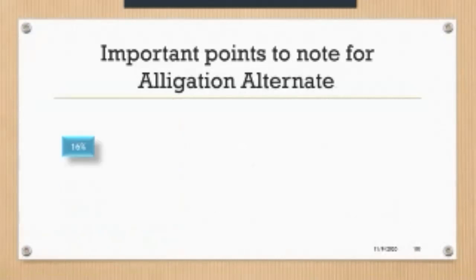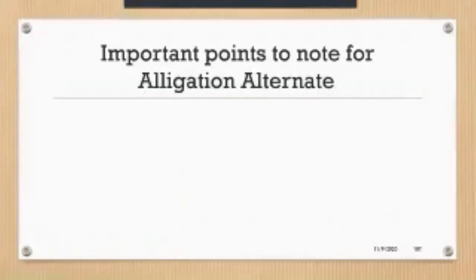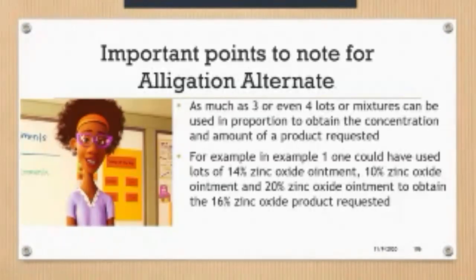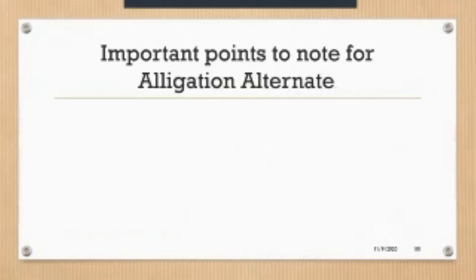So we're using 14, 10, and 20%. Again, what's the rule? The rule is that we are going to be using 14%, 10%, and 20% ointments to make the 16%, right?